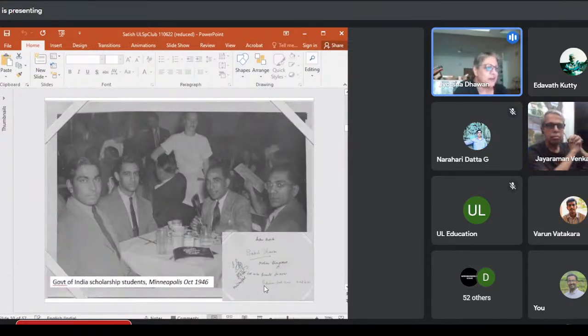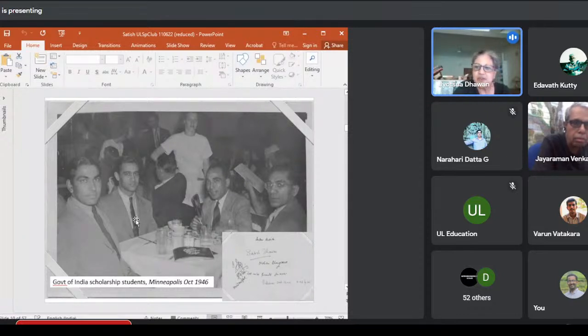I'm showing you here a picture of a group of young students. You can recognize Satish as the person on the left, a young man. This is a group of students who all went to the US on Government of India scholarships in 1946. Now, they are sitting here in a restaurant in Minnesota, USA.